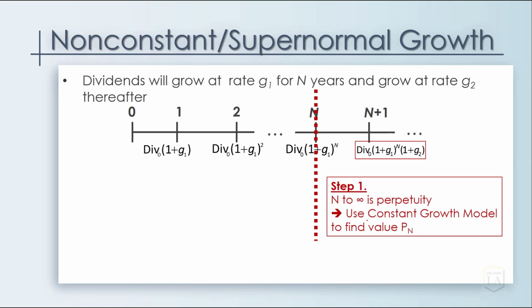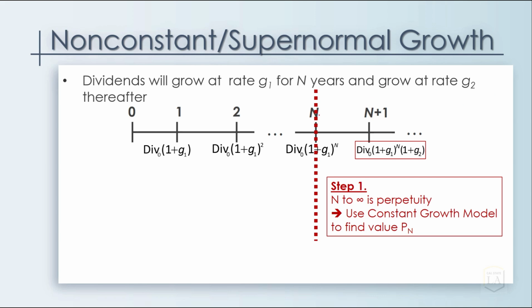Step 1: note that if we just focus on the latter stage, we are starting from year n and moving on to infinity. So from year n to infinity is a perpetuity. If you separate this into an independent section, year n is more like our year 0, and year n plus 1 will be like year 1.